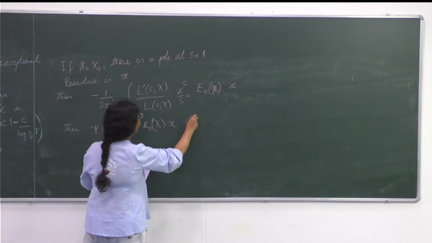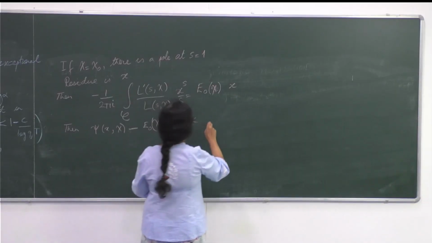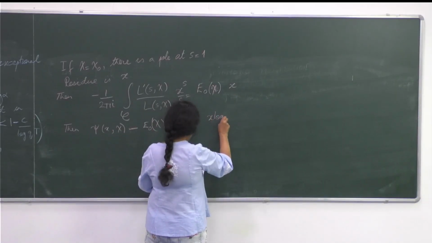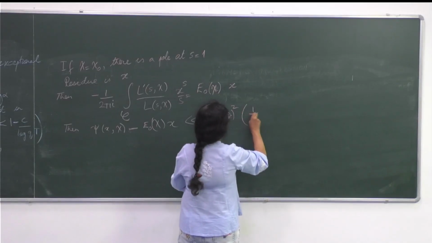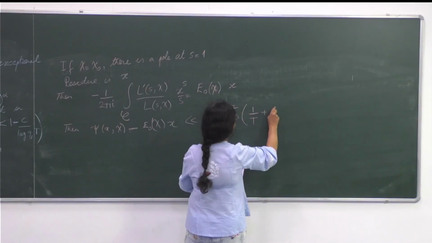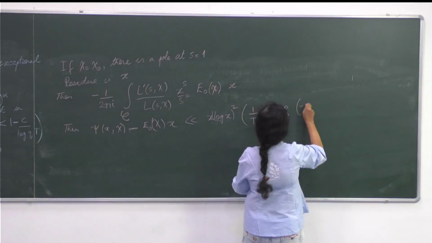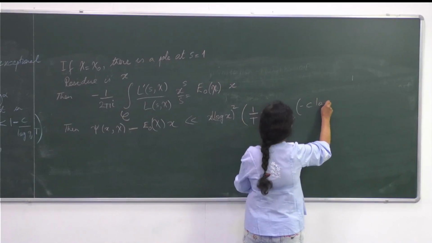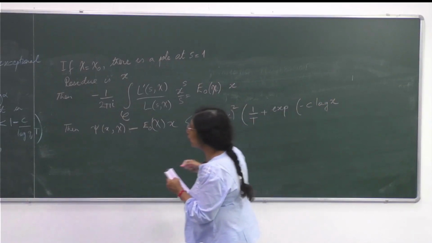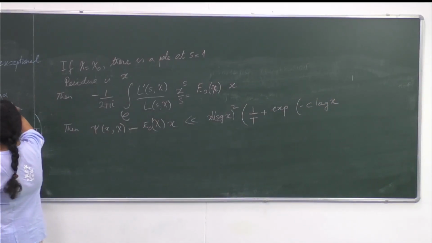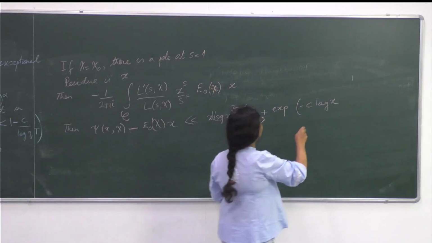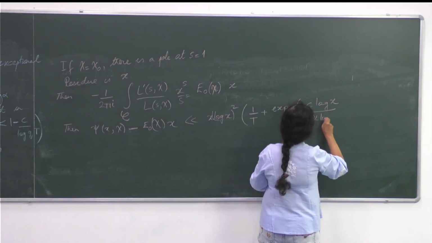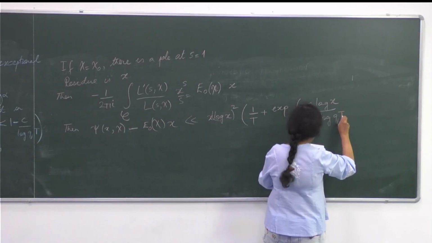This is going to be less than x log square x times 1 by t plus exponential minus c log x by alpha log qt.